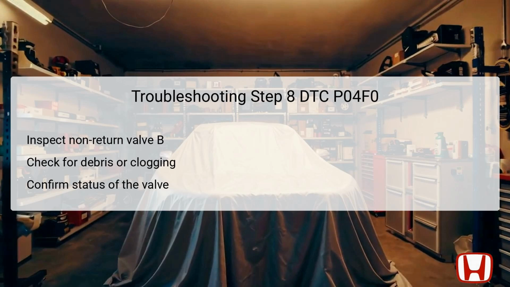A blockage could lead to incorrect purge flow, ultimately triggering the P04F0 code. If the valve appears compromised, it will need to be replaced to restore proper functionality. If the non-return valve checks out, then inspect the EVAP canister purge nozzle port for any collected debris, as that could also contribute to the symptoms observed.